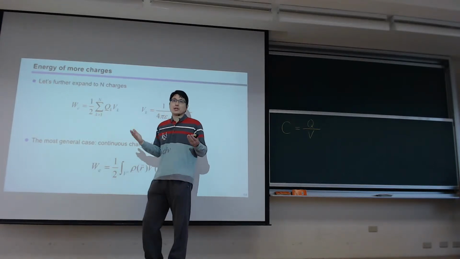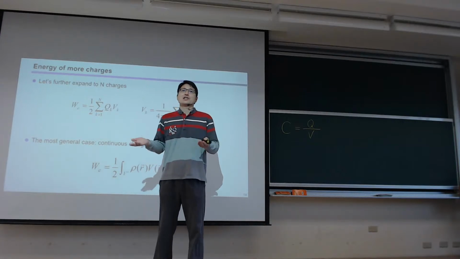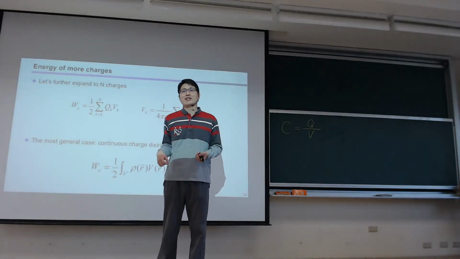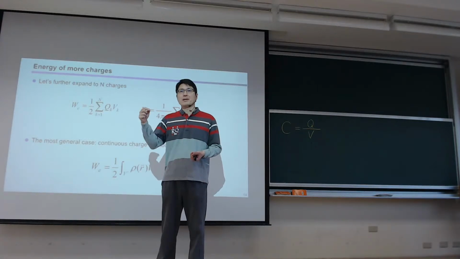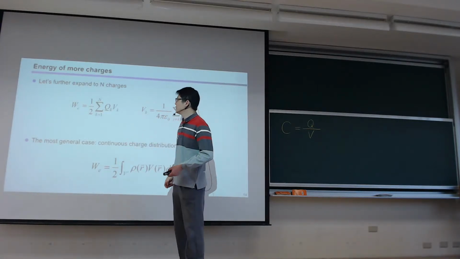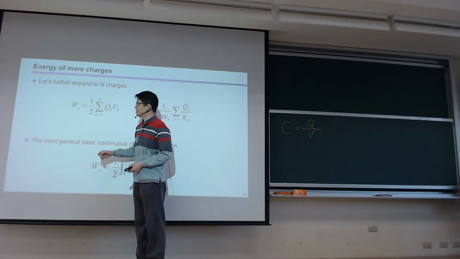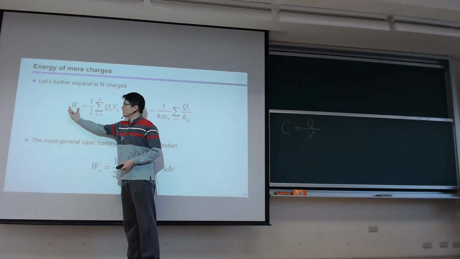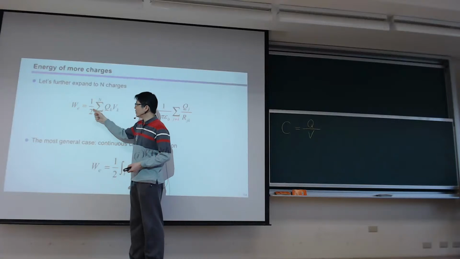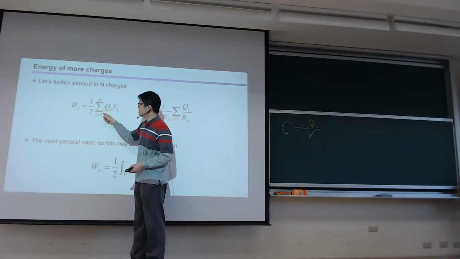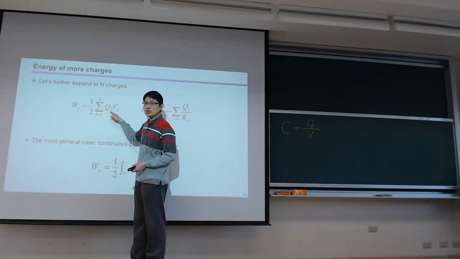Therefore, you don't have the luxury of calculating the charges one coming in after the next, right? So we want to have this generalized expression. So the electric energy is 1/2 summation of each charge multiplied by the corresponding potential.